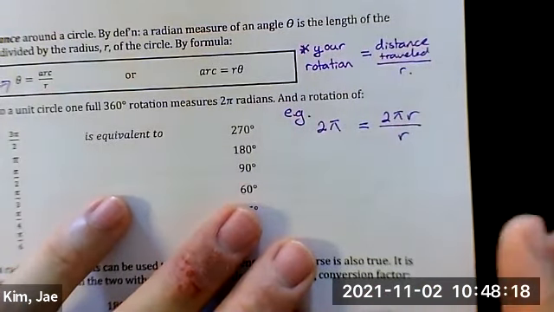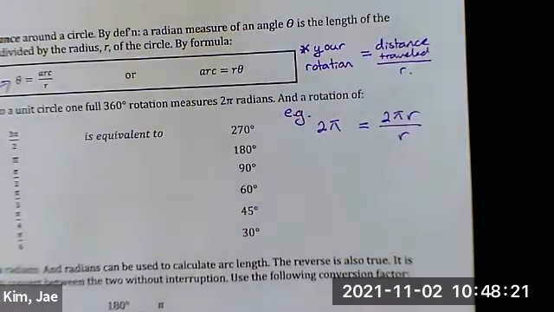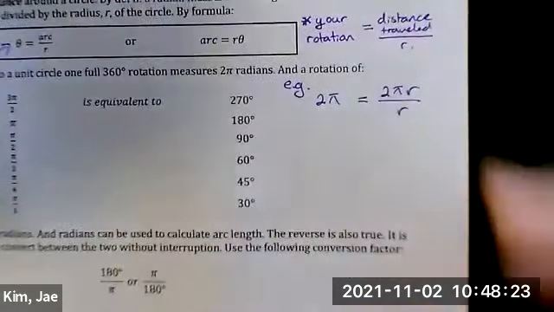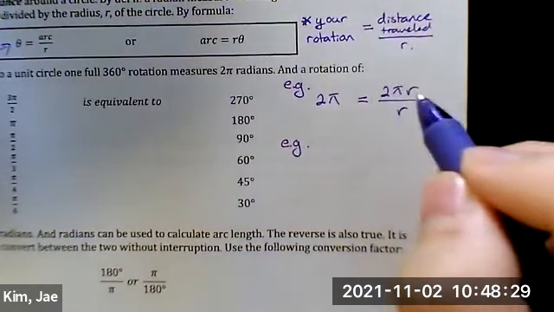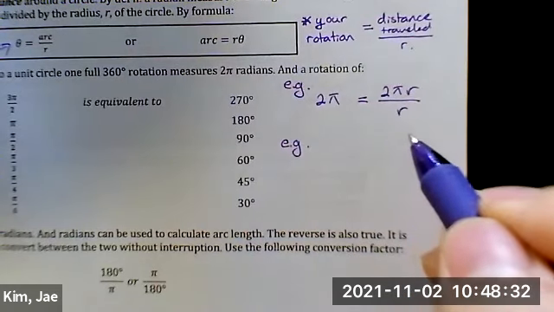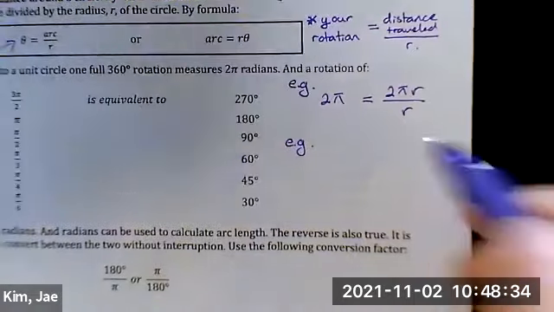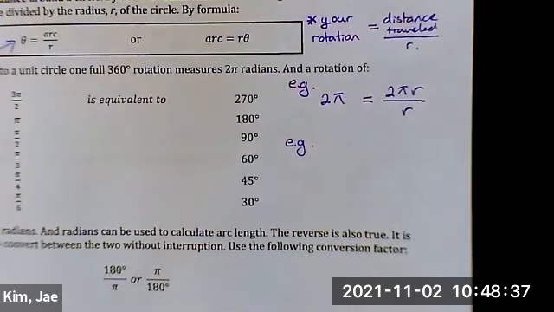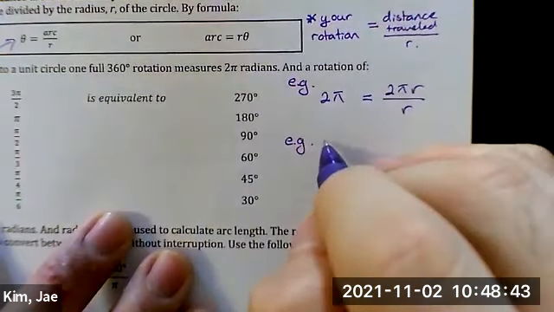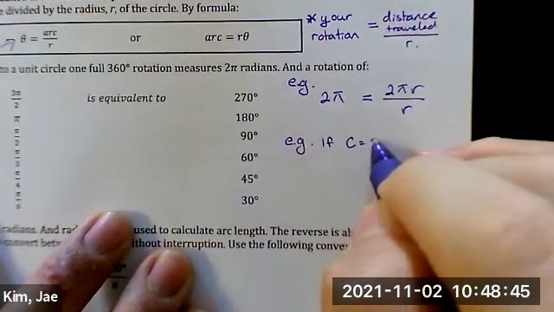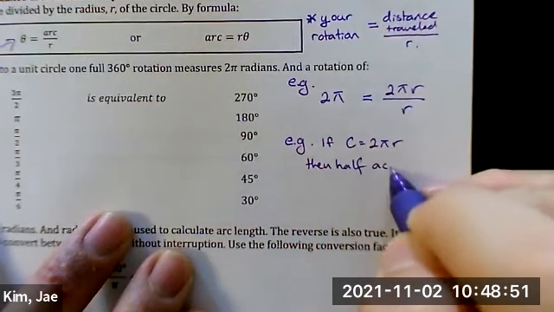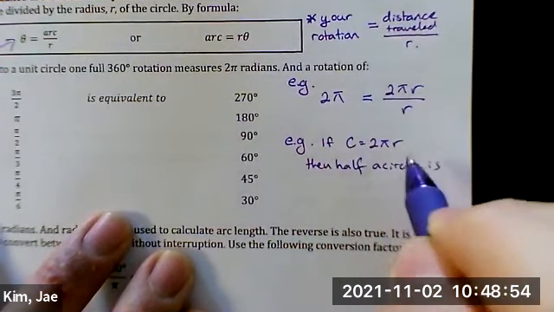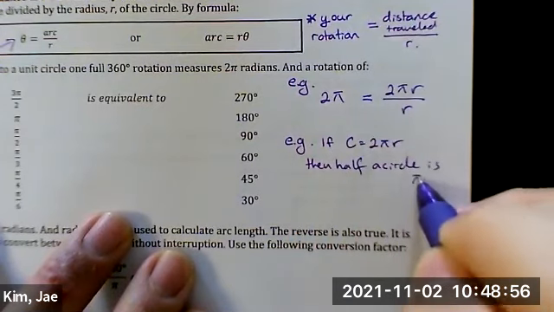Let's do a different distance this time, just to get a better understanding of how this formula works. Give me another distance. Give me an easier one. 180 degrees, so half of a circle. If circumference is equal to 2 pi r, then half a circle is pi r, right?